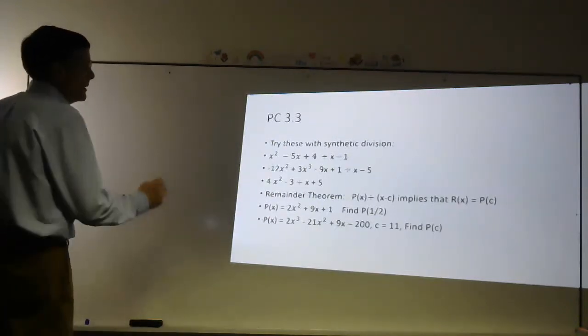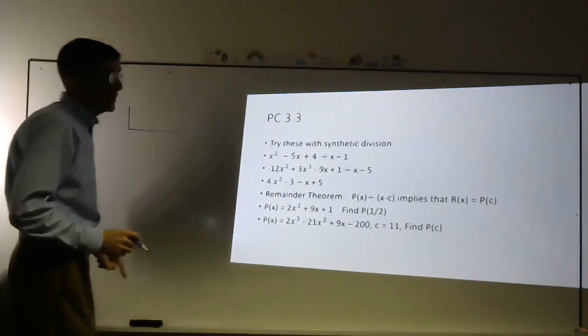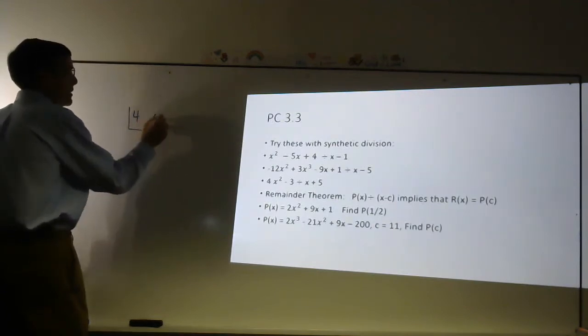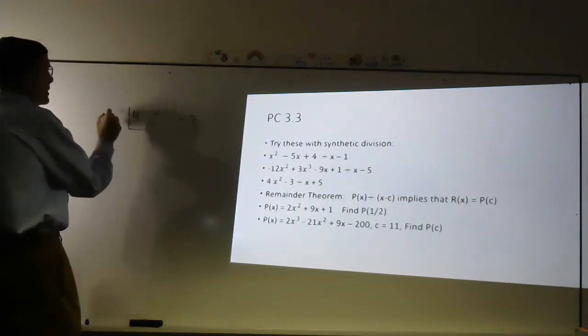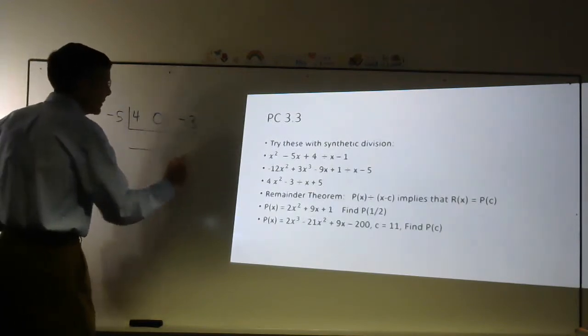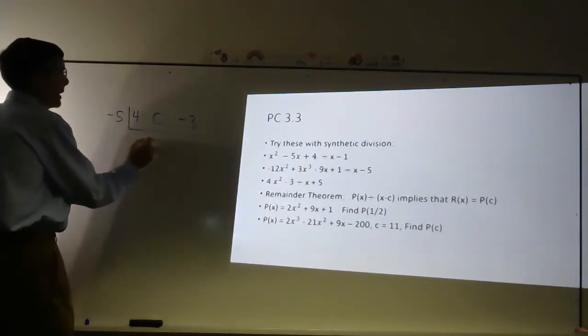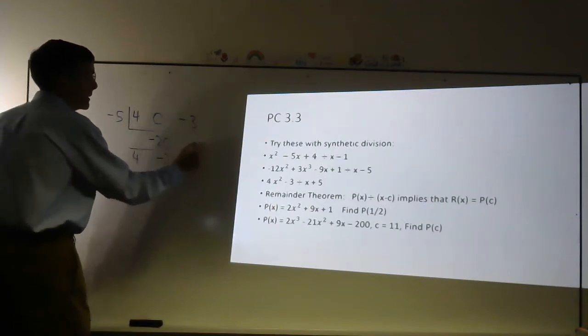Let's try this one. Make your long division box. Notice here we have a missing term. So I have 4, then a 0 for the missing term, and then a -3. Change the sign of the 5 to -5, draw the line. 4 comes straight down. Multiply. Add. Multiply.